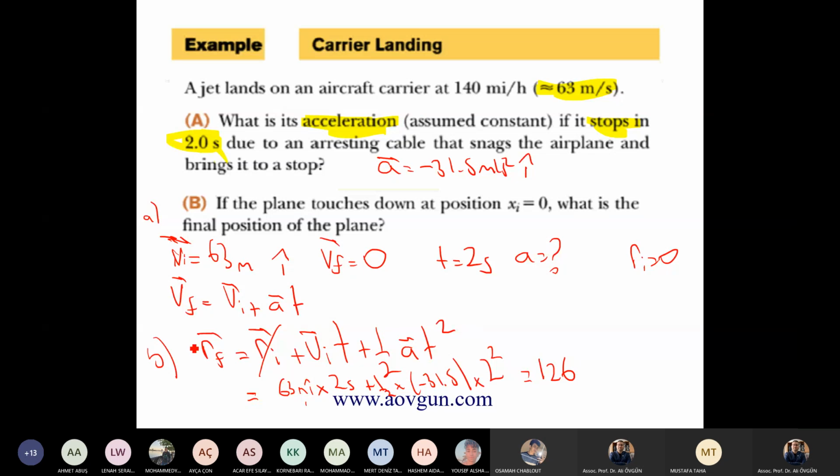But this is meters per second, so seconds are cancelled and it becomes meters i hat. Then this part is 1 over 2 times minus 31.5 times 4. 4 over 2 is 2, so minus 63 meters i hat. Altogether 126 minus 63 is 63 meters i hat. So this is part B, the final position of the plane.